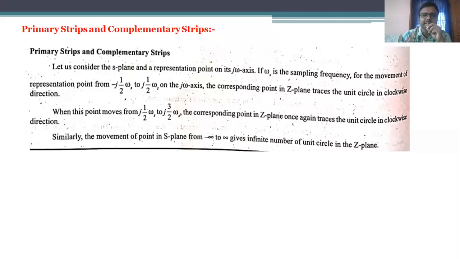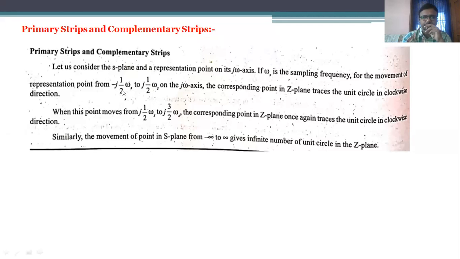Okay, so this particular movement with respect to the S plane is going to trace between minus infinity to infinity, and this corresponds to the z-plane with a number of unit circles.